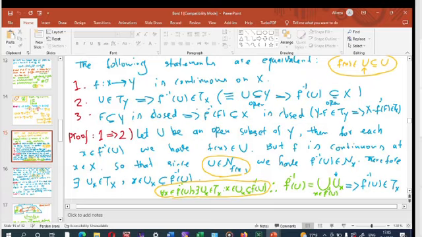So, since U is a neighborhood, by our definition the inverse image of U must be a neighborhood of x. Therefore, there exists an open subset Ux of X such that x belongs to Ux and Ux is a subset of this neighborhood.